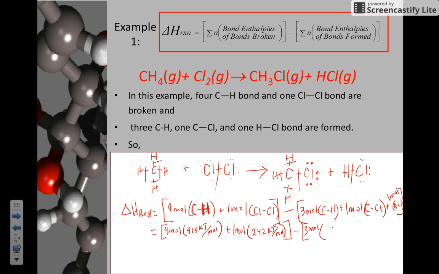There were 3 of those, so that was 413 again, kilojoules per mole, plus 1 mole of the C-Cl, which was 328 kilojoules per mole. And then finally, 1 mole times 431 kilojoules per mole.